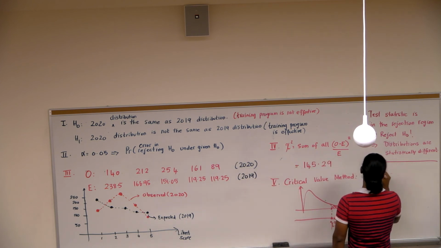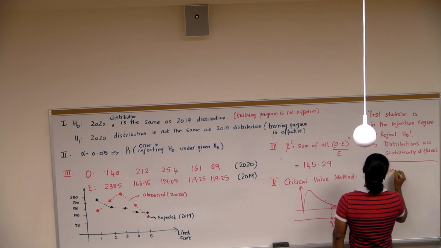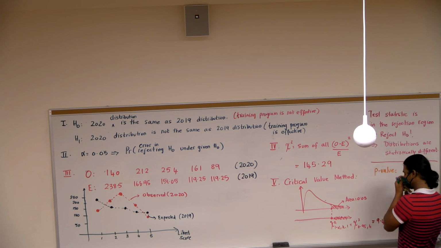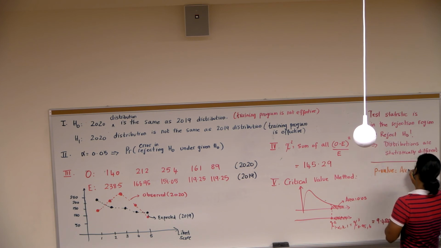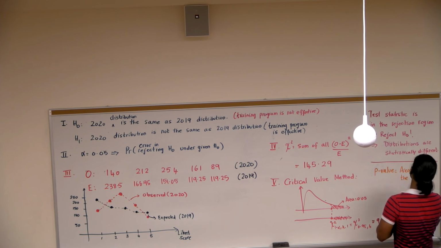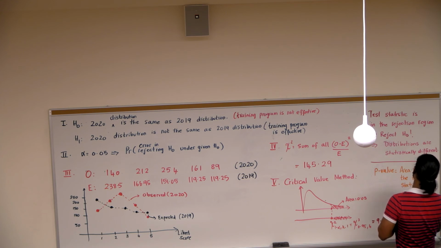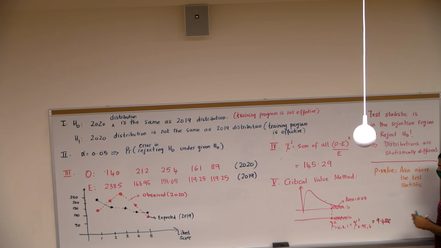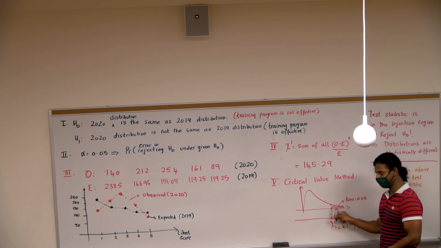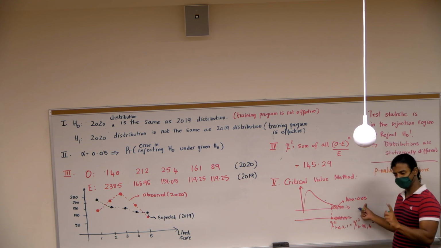The next method is p-value. The chi-square test here is always a right-tail test. So the p-value here would always be the area above the test statistic. 9.488 is over there, and the area above 9.488 is only about 0.05.